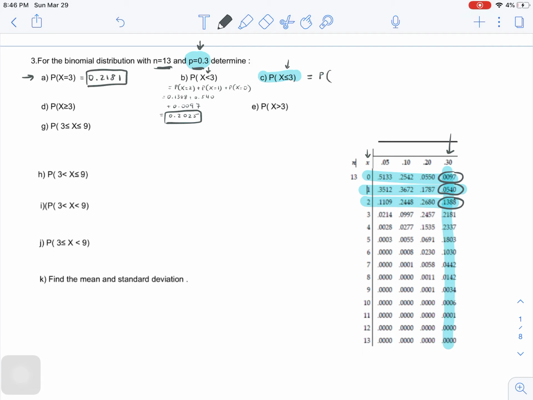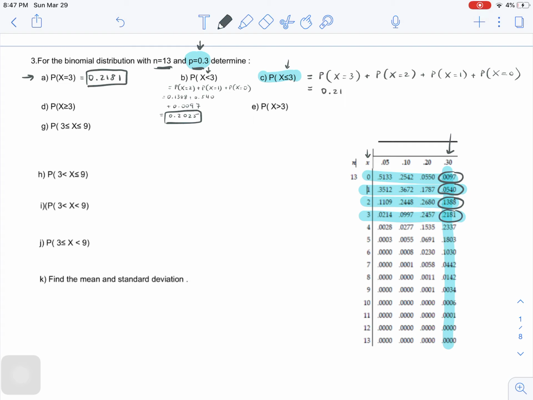So this is equal to the probability that x equals 3. Now we're including 3. Plus the probability that x equals 2, plus the probability that x equals 1, plus the probability that x equals 0. So now I just have to add on an extra value, which is the probability that x equals 3.